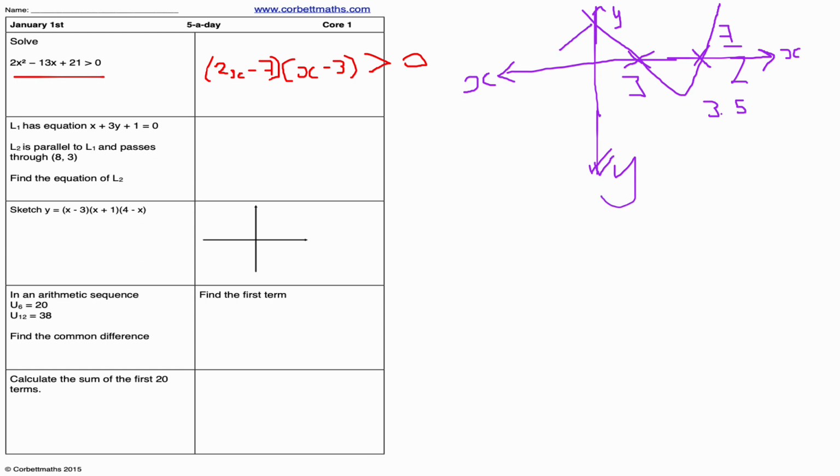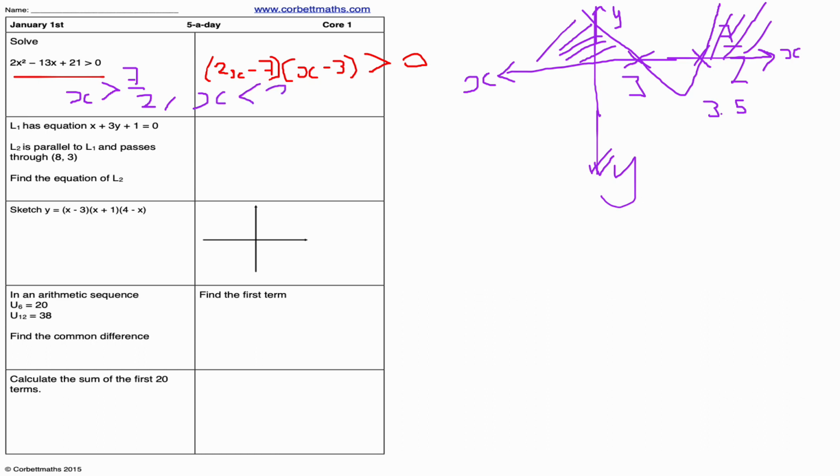It's above the x-axis in this region here, so it goes on infinitely, and it's above the x-axis here. So it's above the x-axis when x is strictly greater than 7 halves, and also when x is strictly less than 3.